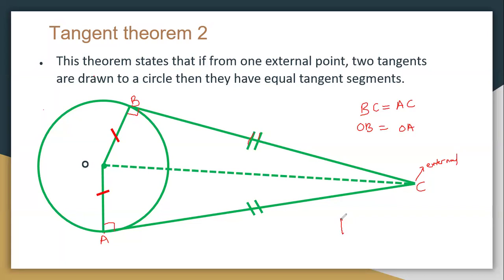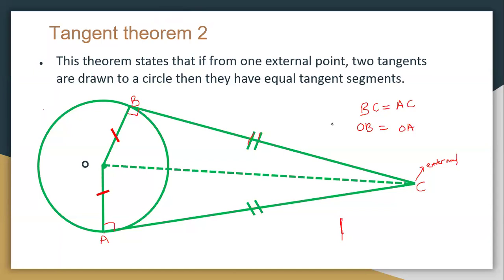The reason is that whenever you have a right-angled triangle, you cannot have all sides equal. B, O, and C is a right-angled triangle because you have a 90 already. So this line here cannot be equal. Okay, thank you.